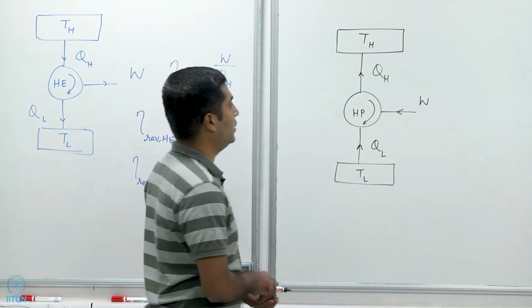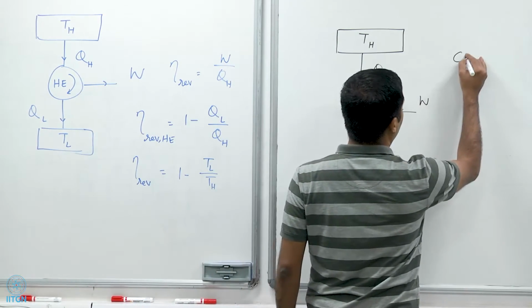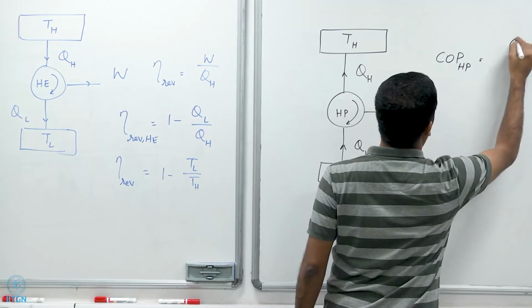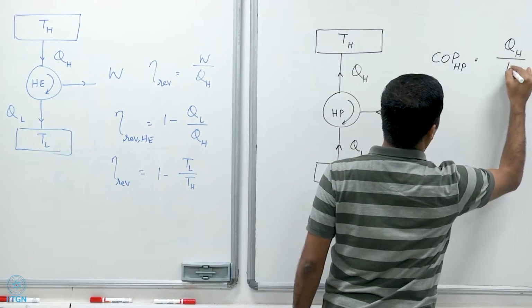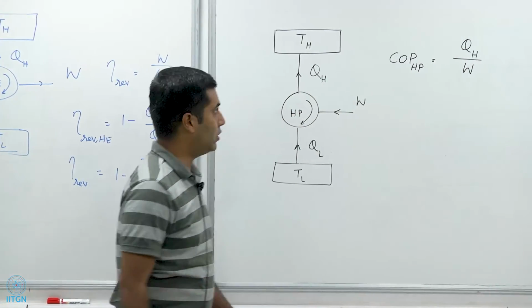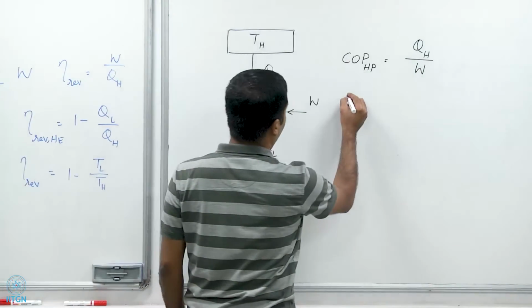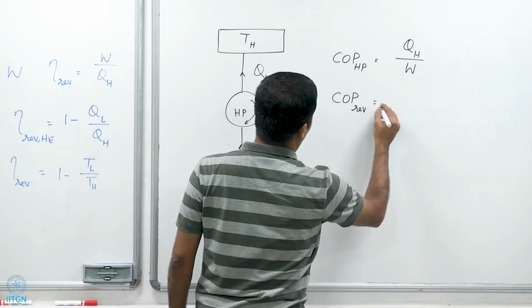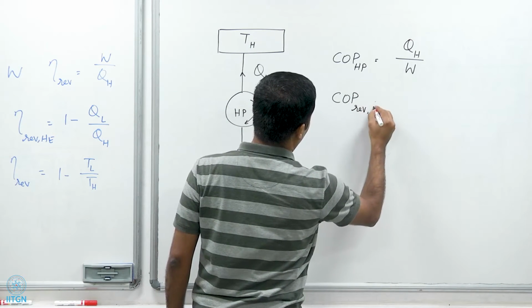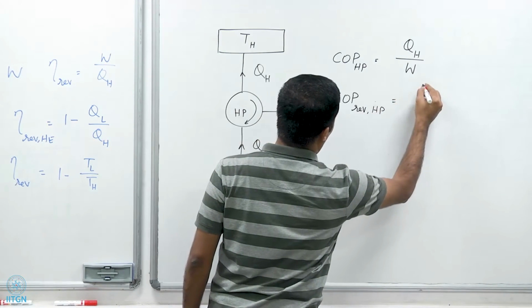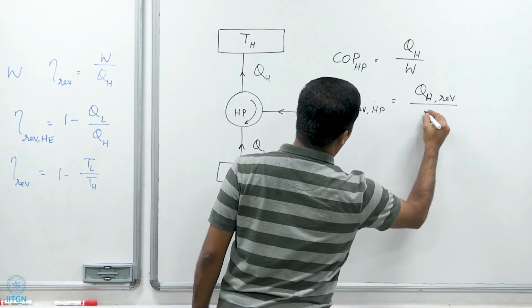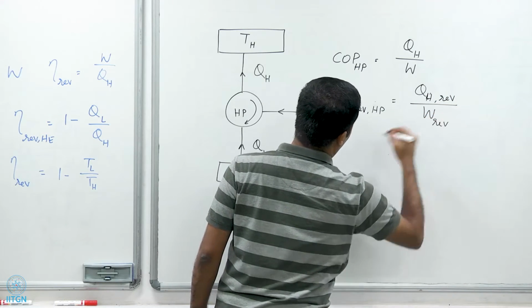And so the COP, as we defined it previously, of a heat pump is defined as QH divided by W, right? This is the definition. Now for a reversible heat pump, I can define it as QH reversible divided by W reversible, right?